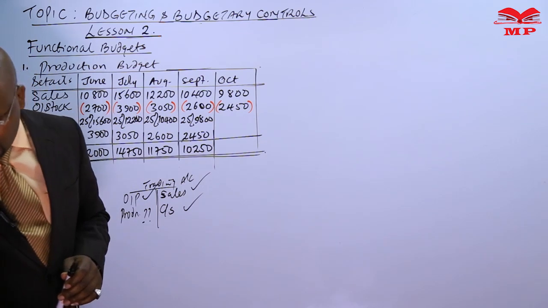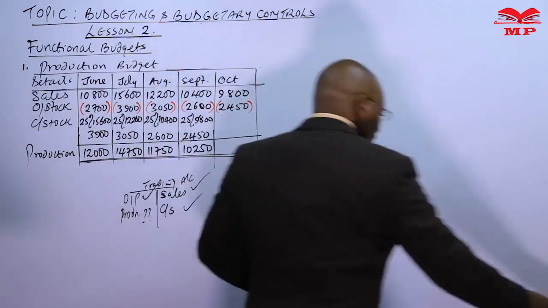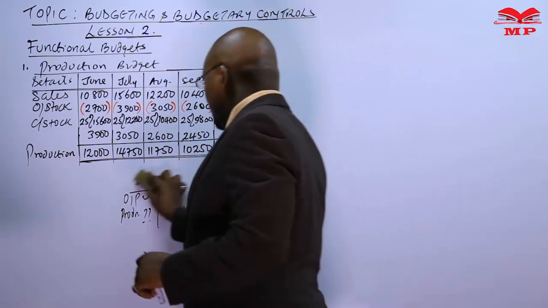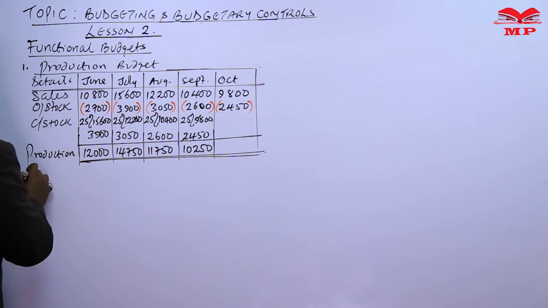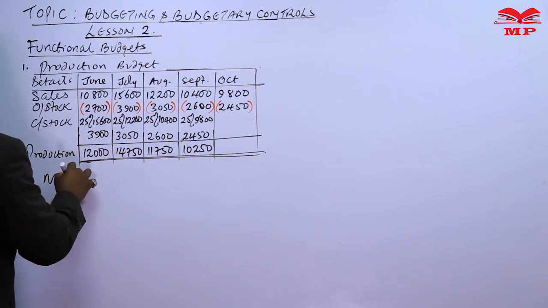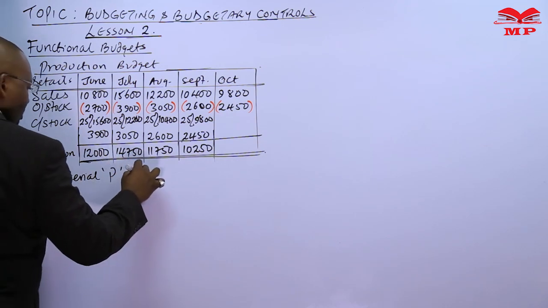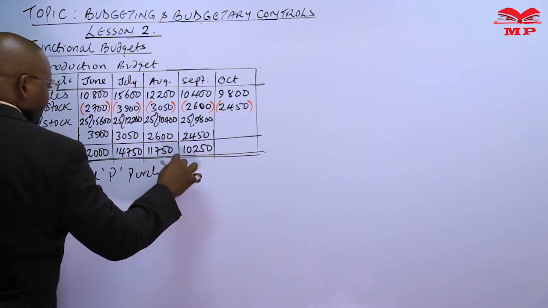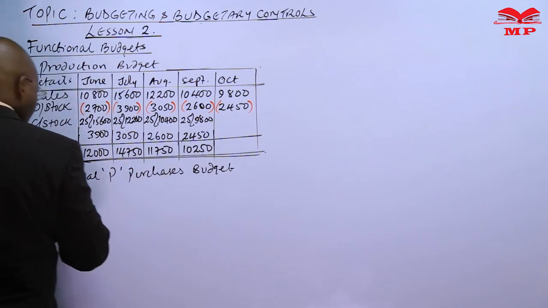Number 2 is about the purchases budget. So how do we determine the purchases budget? This is number 2, material P purchases budget.